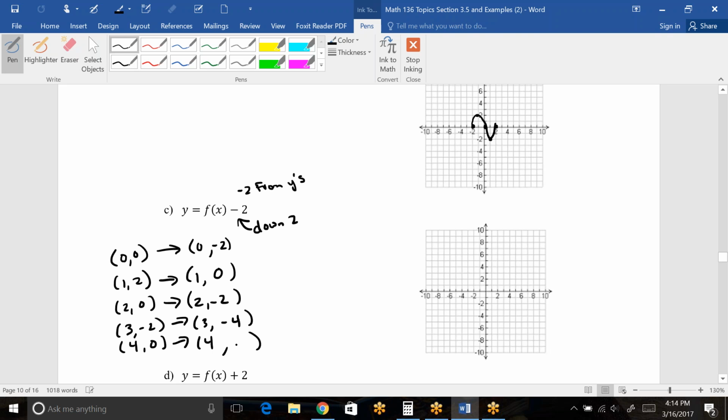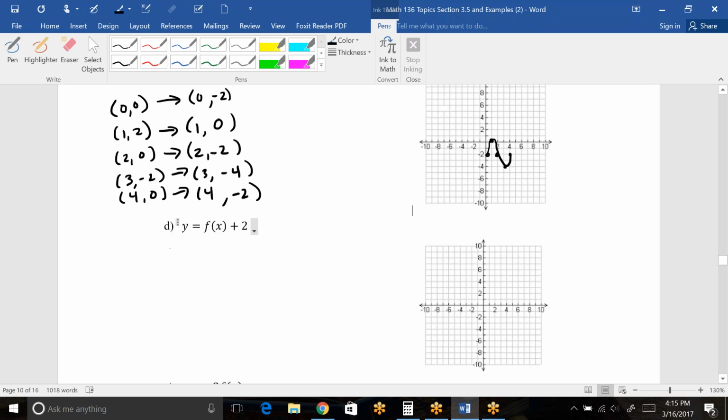And then 0 minus 2 again is negative 2. So I just subtracted 2 from each of those y values. So (0, -2), (1, 0), (2, -2), (3, -4), and (4, -2). Notice my same original graph just got shifted down 2.